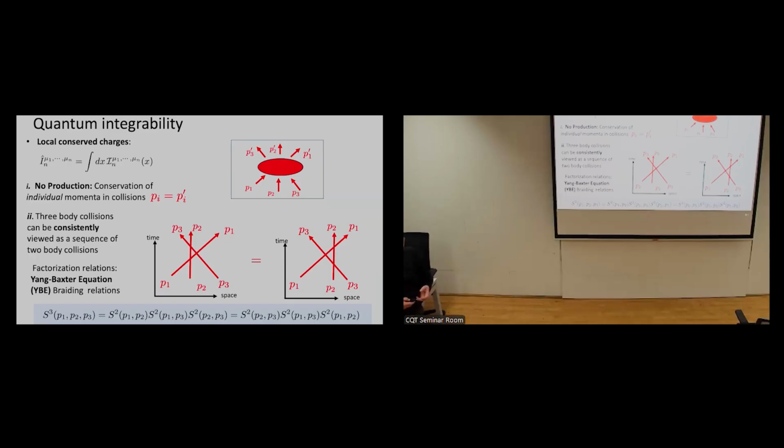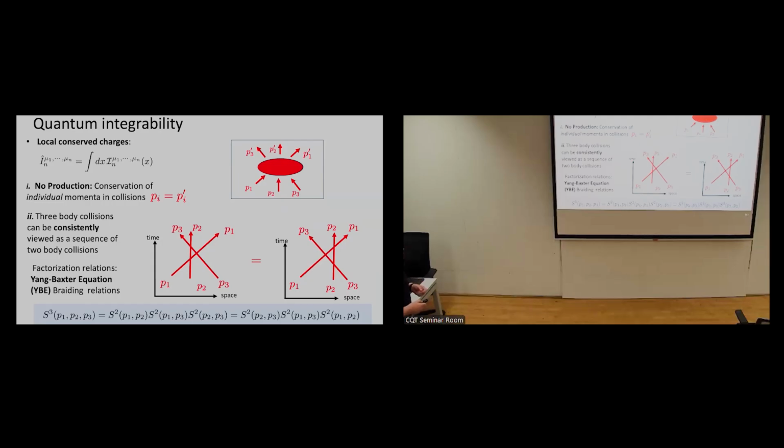That is, of course, if you know about what's happening in the LHC, you scatter two particles at very high energy and millions and billions of particles come out because the theory is not integrable. But if the theory is integrable, then we have no production and the momenta are individually conserved. P1 prime and P1 will be equal, P2 and P2 prime equal, P3 and P3 prime equal.